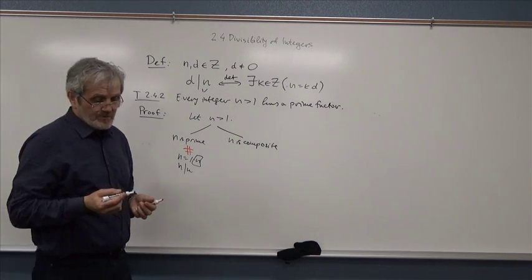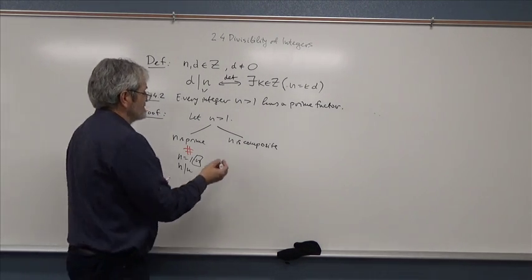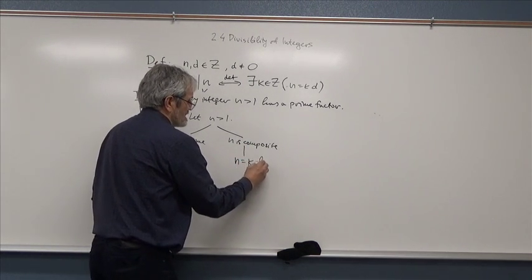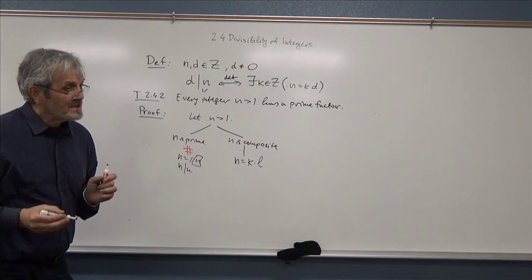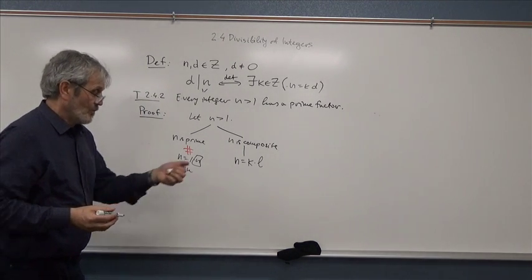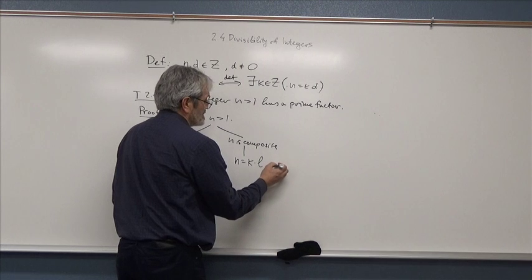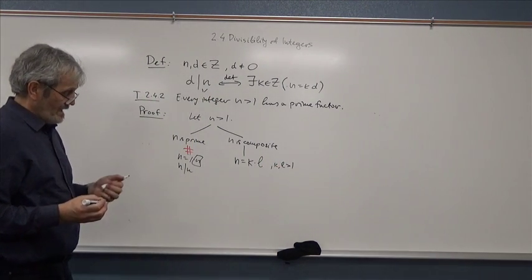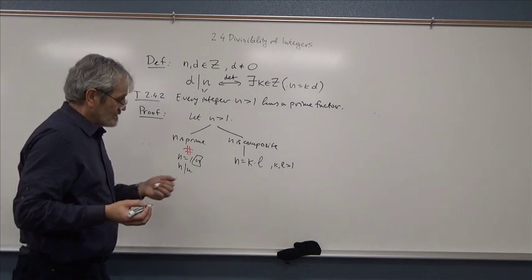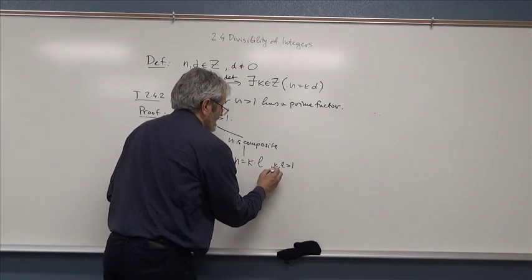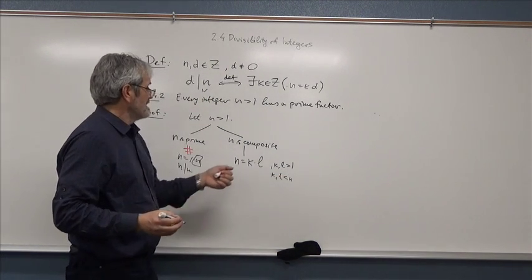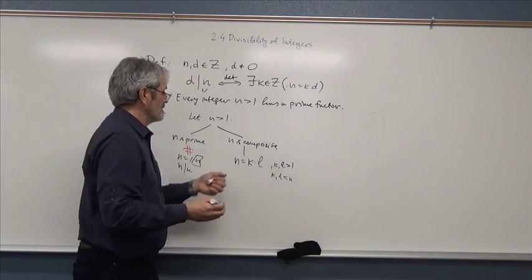But what if n is not prime? Then what happens? That means that n has a non-trivial factorization k times l. Here's the crucial thing: both k and l are greater than 1, and both k and l are less than n. Why is that?